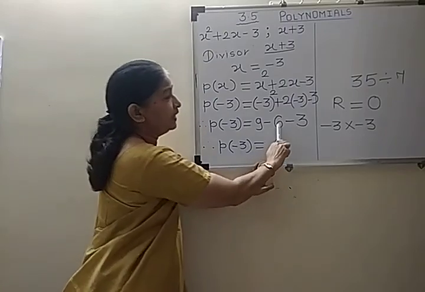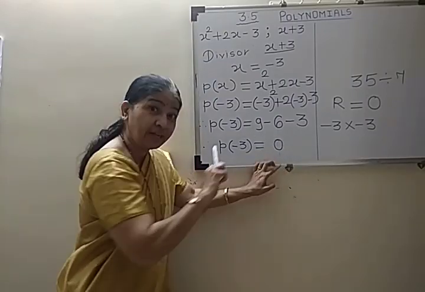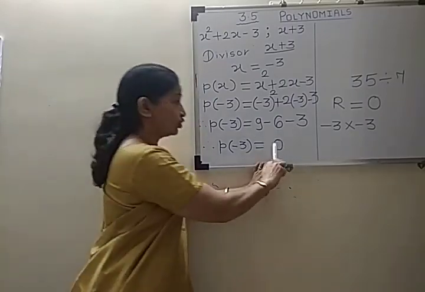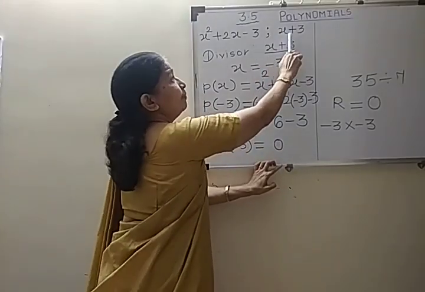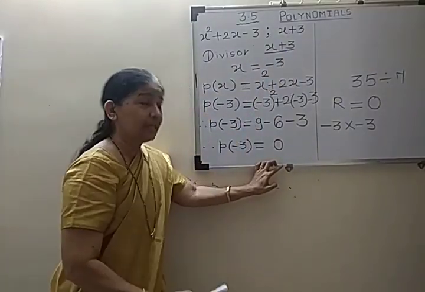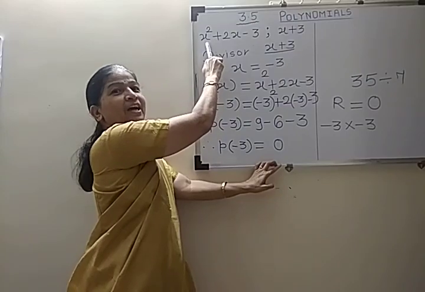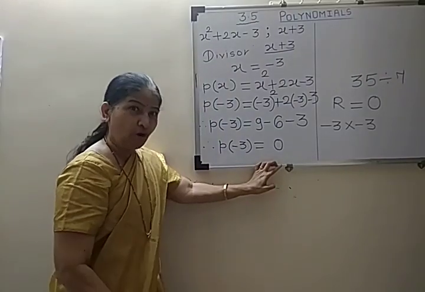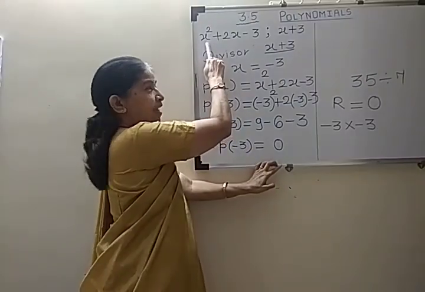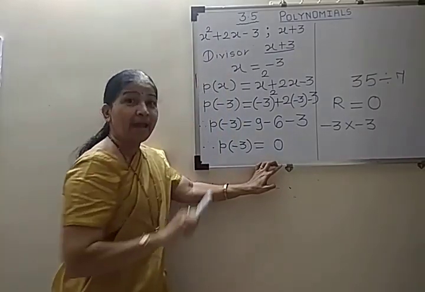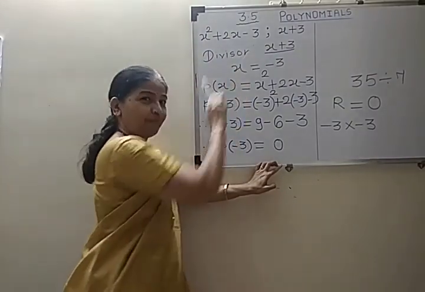But here the answer comes 0. So we will say that x plus 3 is a factor of the polynomial x square plus 2x minus 3.